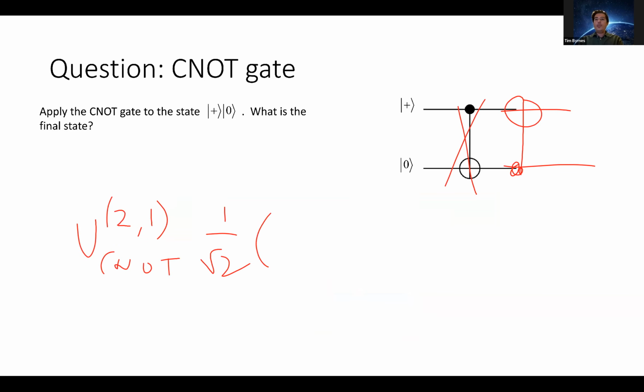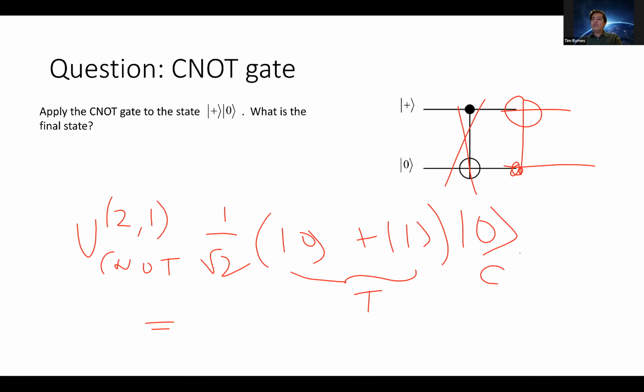The easiest way to do this, as I said before, is to look at these terms here and look at the action of the C naught term by term. So this one is the control qubit, and this one is what we normally call the target qubit.